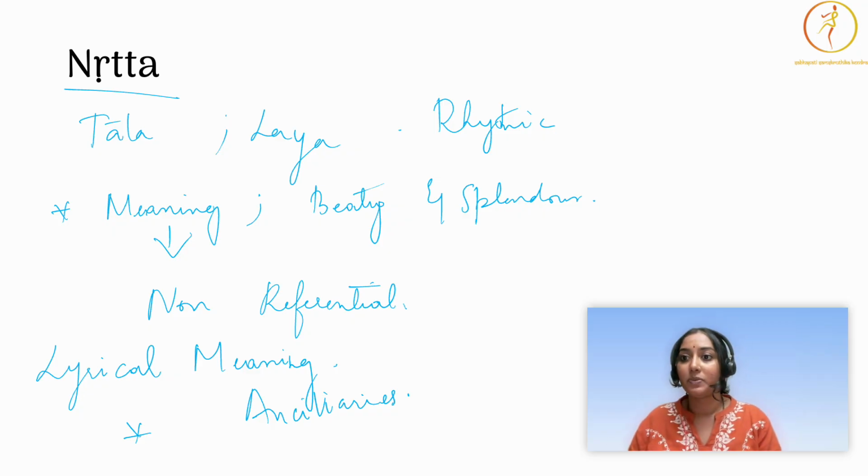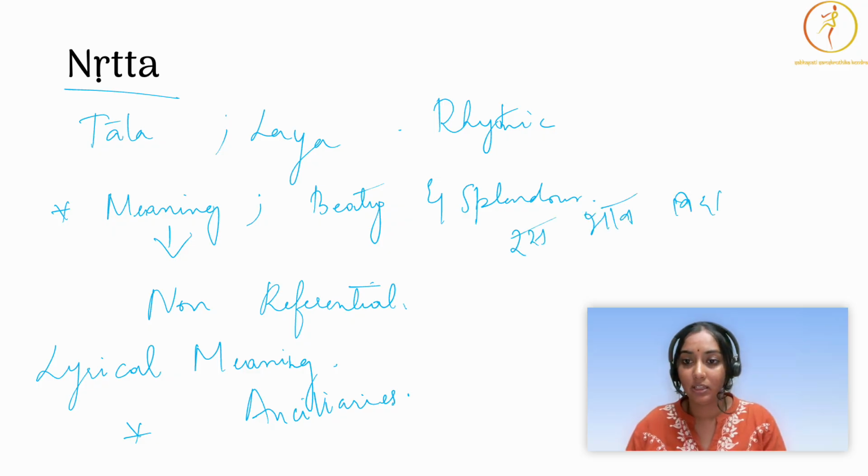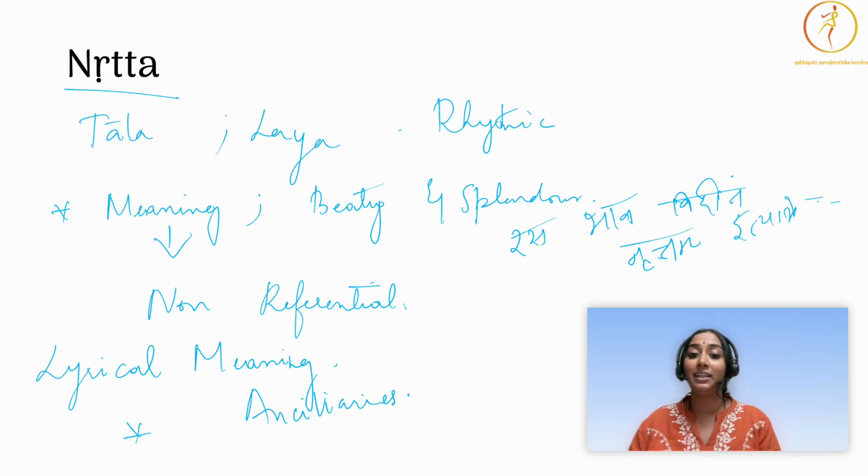Similarly, rasa bhava vihinam tu nrittam ityabhidhiyate. That which does not have rasa or bhava is called Nritta.